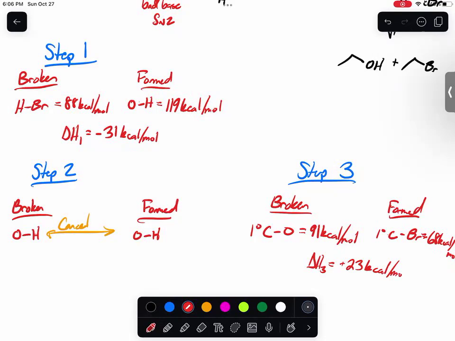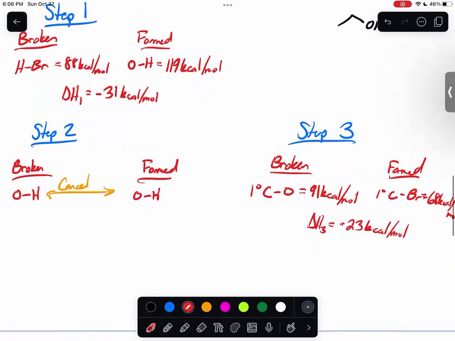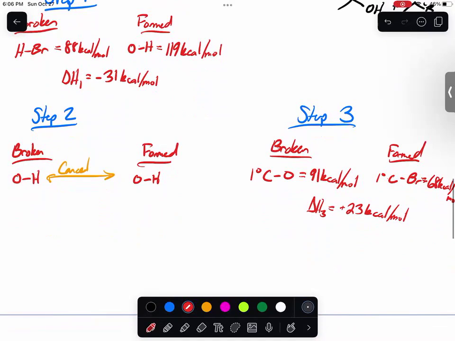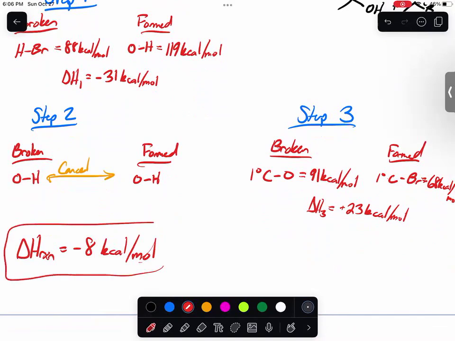And what this ends up doing is if you add all of these together, we find that our delta H reaction is actually negative 8 kilocalories per mole. So it is favored, right? It is overall favored.